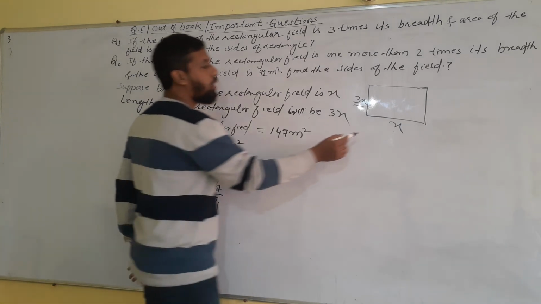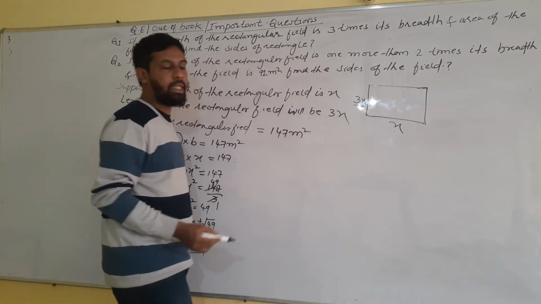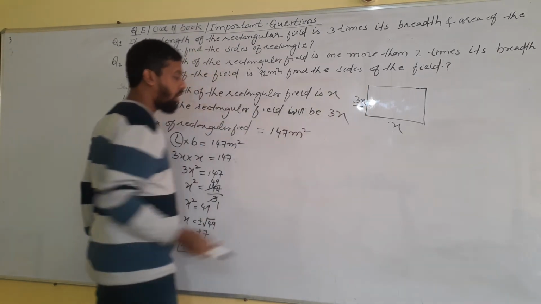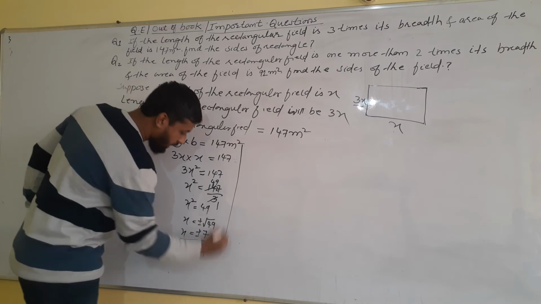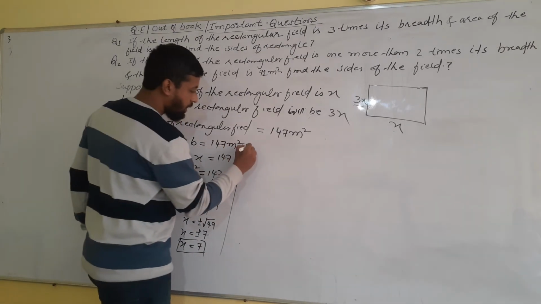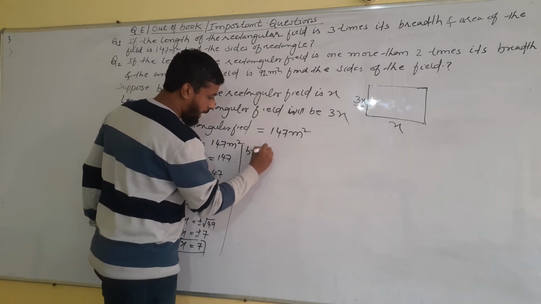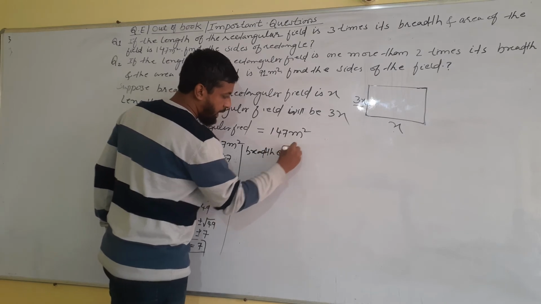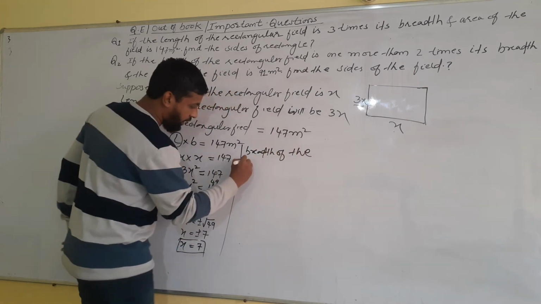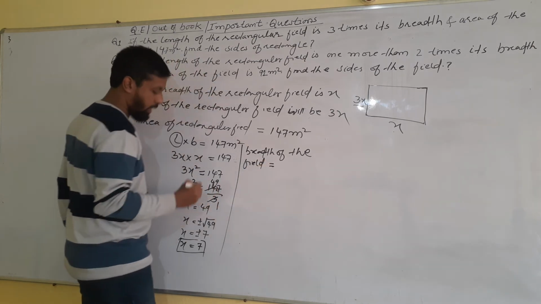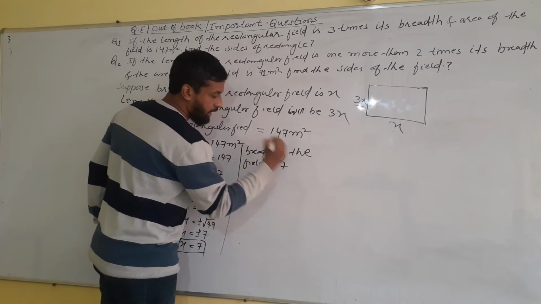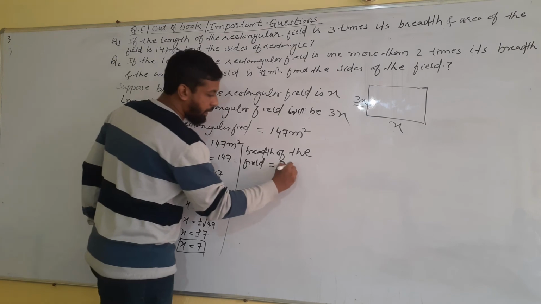We got the value of breadth. We have to find the value of length. We can write: breadth of the field is equal to 7 meter.